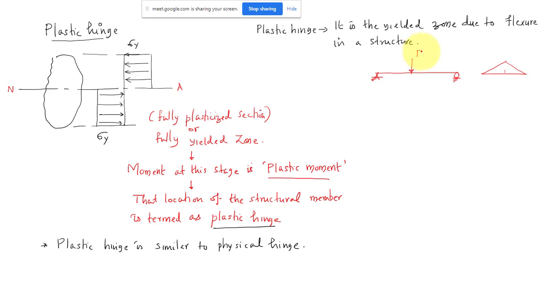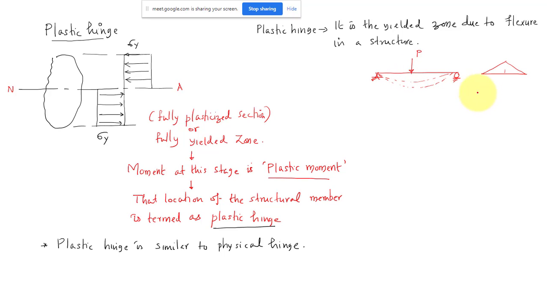So if you keep on increasing the load value P, what will happen? It will bend like this, it will keep on bending, and correspondingly it will initially be in the elastic state.